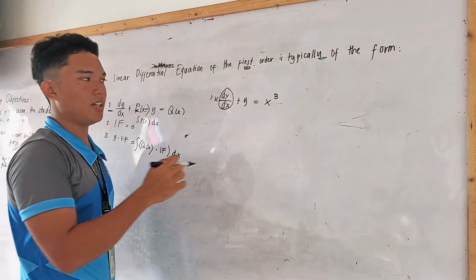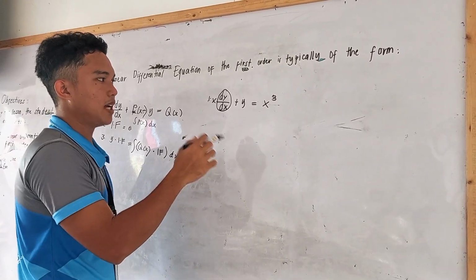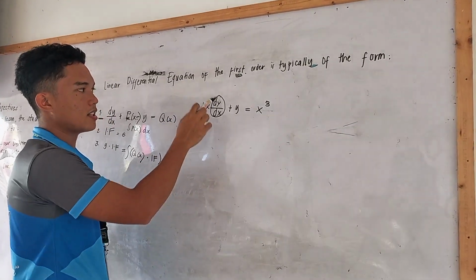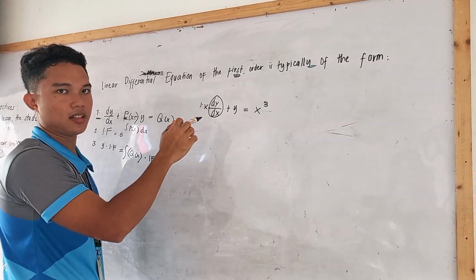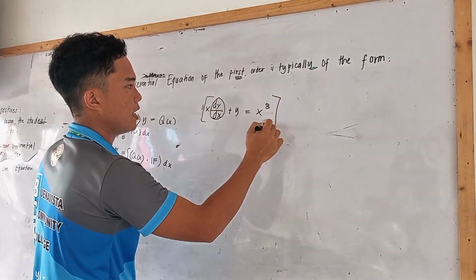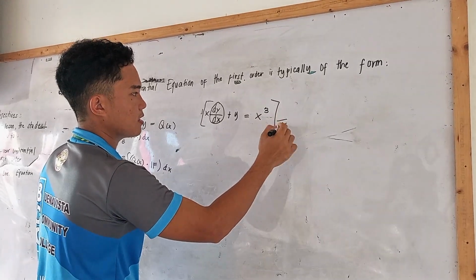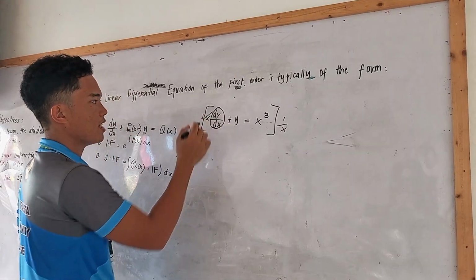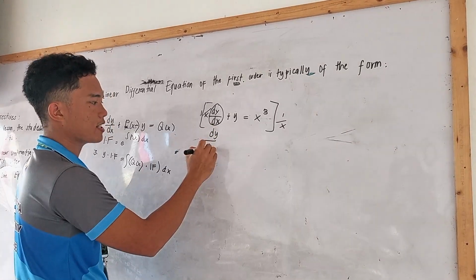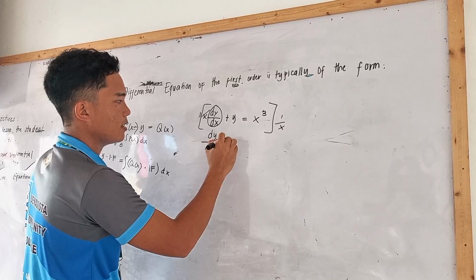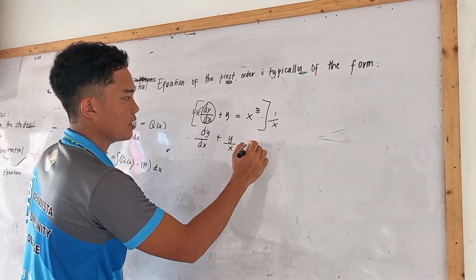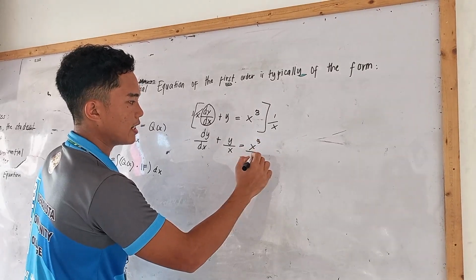So in this equation, we need to divide both sides by x in order that this term will remain as the rule. So divided by x, so cancel, so this will remain as dy over dx, then plus y over x, then x cubed over x.